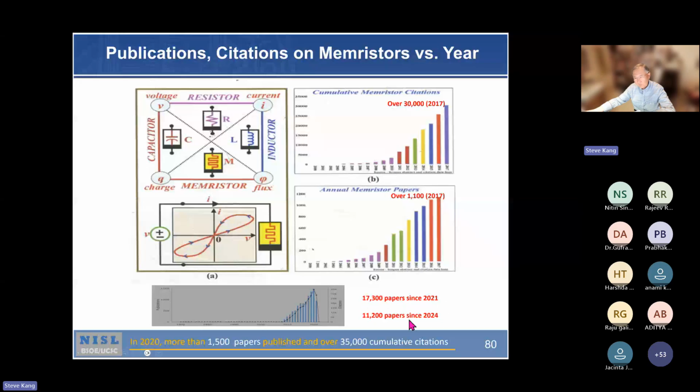Since 2024, this is a somewhat older figure, more than 11,000 papers published. So you can see that an enormous number of papers are published. You see, it's exponentially increasing like this. In fact, the editors complained that too many papers are submitted on memristors.